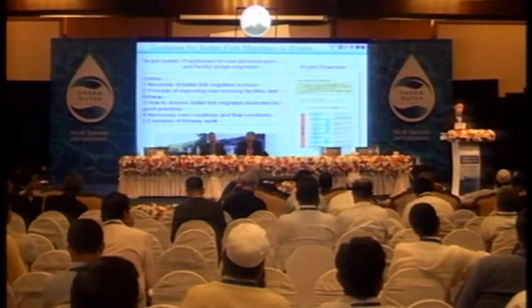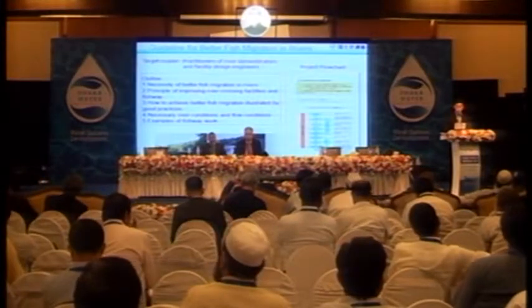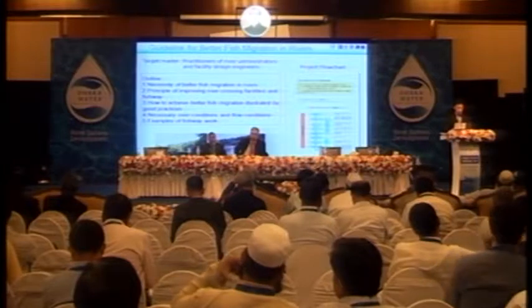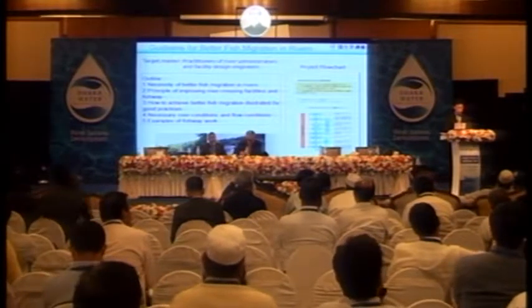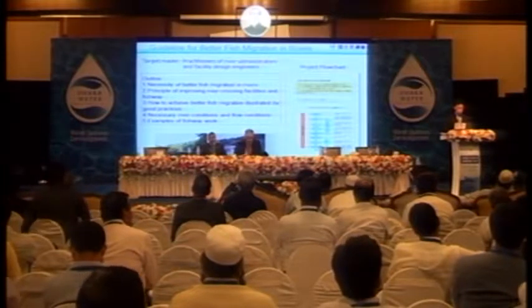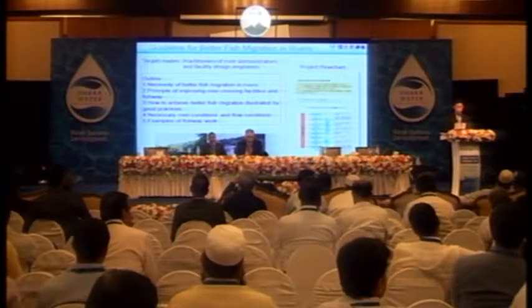And this is another guideline for better fish migration in rivers, targeted for practitioners such as river administrators. The guideline shows the necessity and reasons of better fish migration in rivers, and principles of improving river crossing facilities and fishways, and how to achieve such fish migration in better position, and necessary surrounding river and flow conditions.